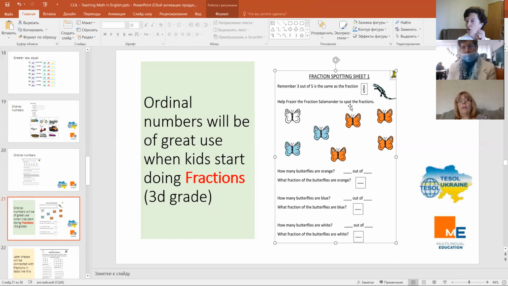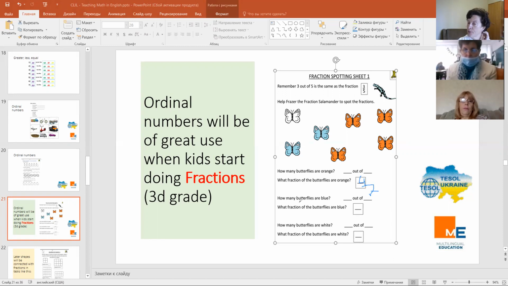They are 4 out of 7. So here we will need ordinal numbers, because the fraction of the butterflies will be 4 sevenths. For this, it will be just 4 sevenths, like this.